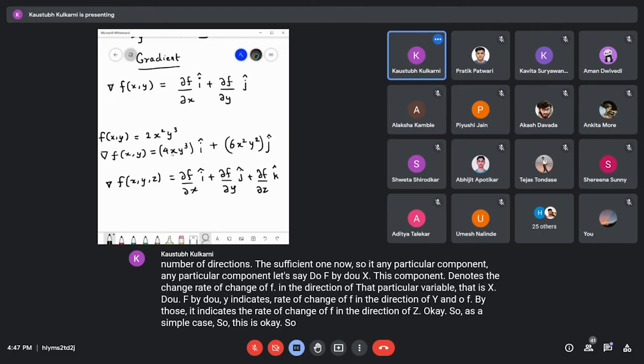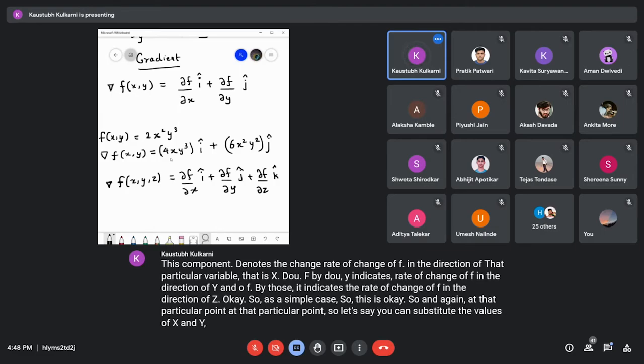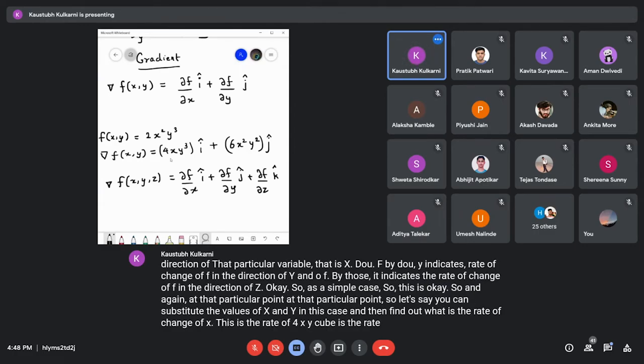So, as a simple case, at that particular point, you can substitute the values of x and y, and then find out what is the rate of change of x. This, 4x y cube, is the rate of change of x at the point x, y.